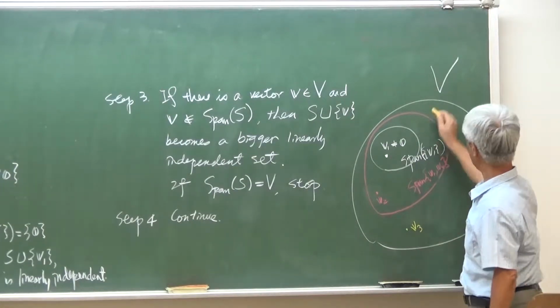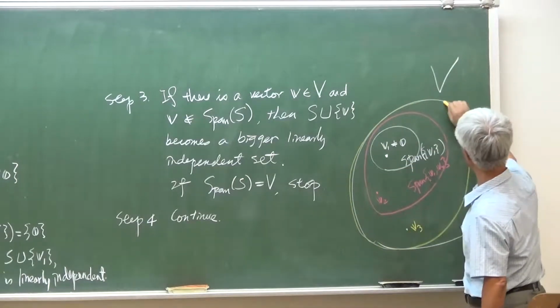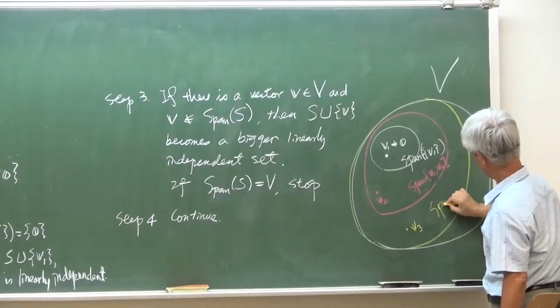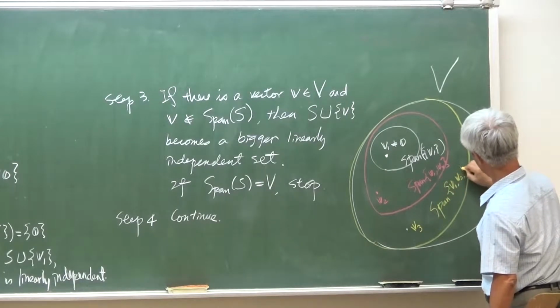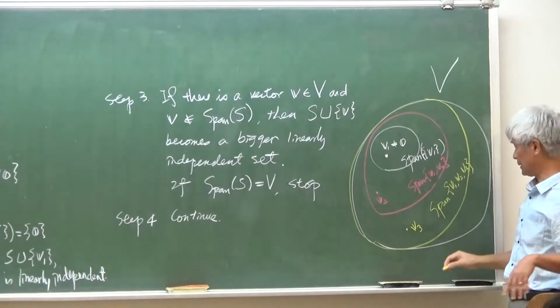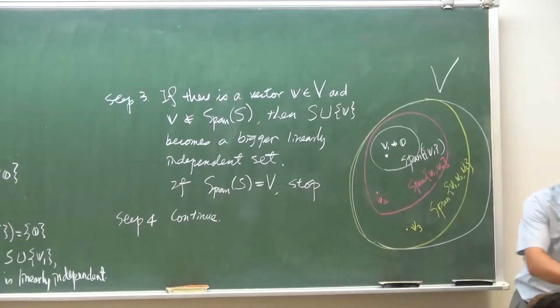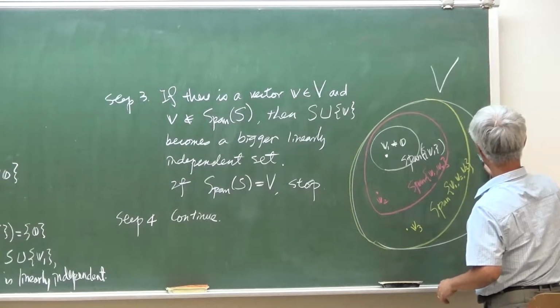Now the span of V1, V2, V3 is bigger, but still we have another vector outside, V4.